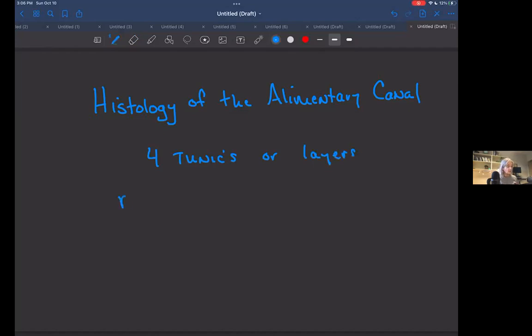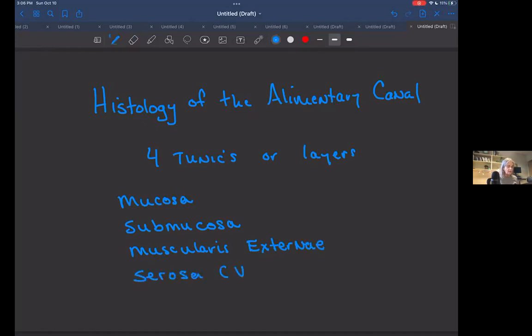So these go: the mucosa, the submucosa, the muscularis externa, and then the serosa, which is actually also the visceral peritoneum.